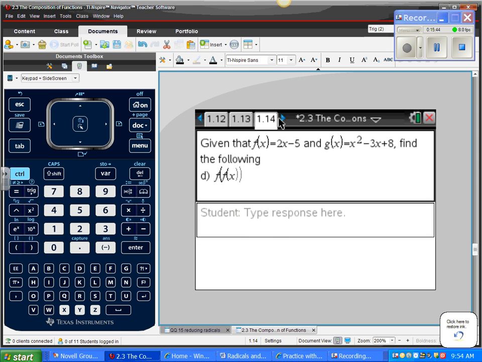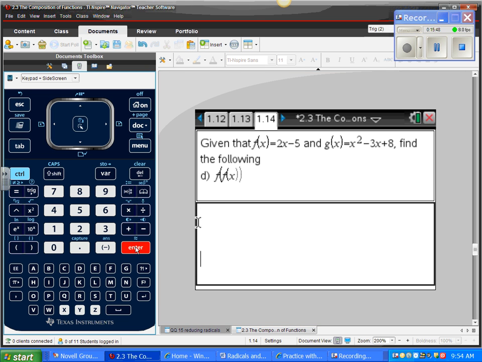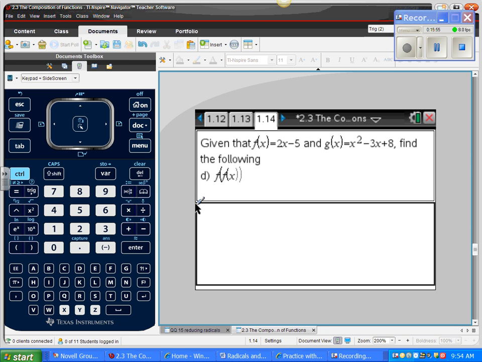All right, so given that f of x equals 2x minus 5 and g of x equals x squared minus 3x plus 8, find the following, f of f of x. Okay, so you're putting f into itself where you see x. Okay, f of f of x is 2, and then in for x goes f of x, 2x minus 5, minus 5.